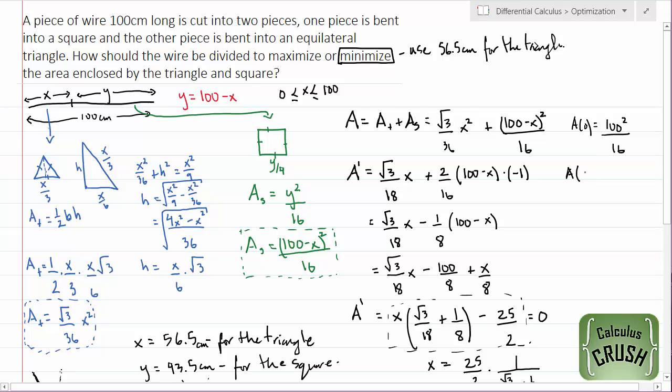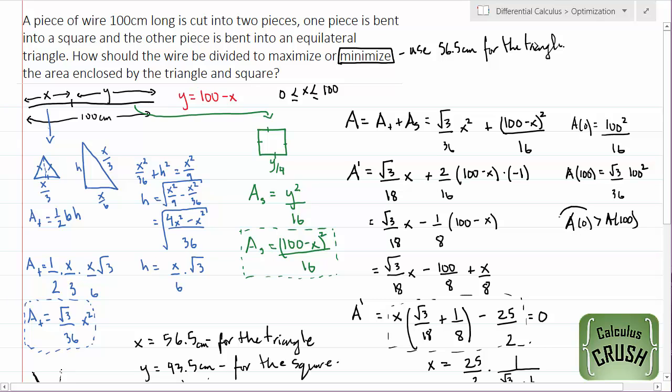Now the area, when we use all of it for the triangle, when x is 100, that would be, well, this term here is 0, so 100 minus 100, root 3 over 36 times 100 squared. So which one is bigger? It may not be clear immediately, but if you bust out a calculator and evaluate these, you'll find out that A of 0 is bigger than A of 100.